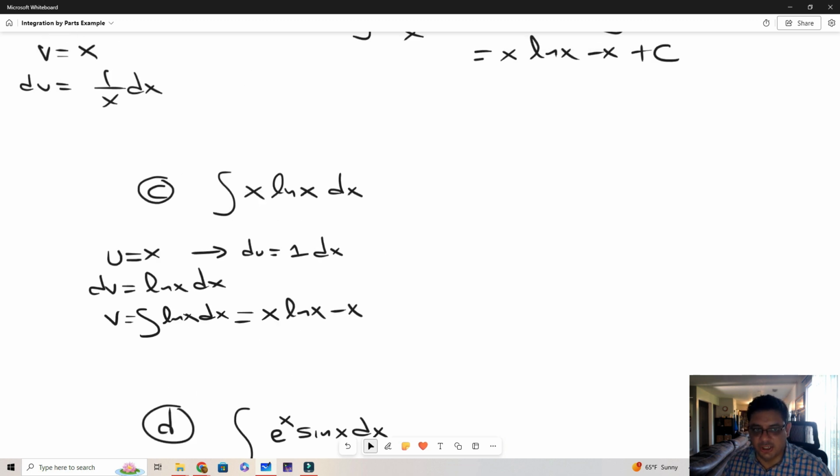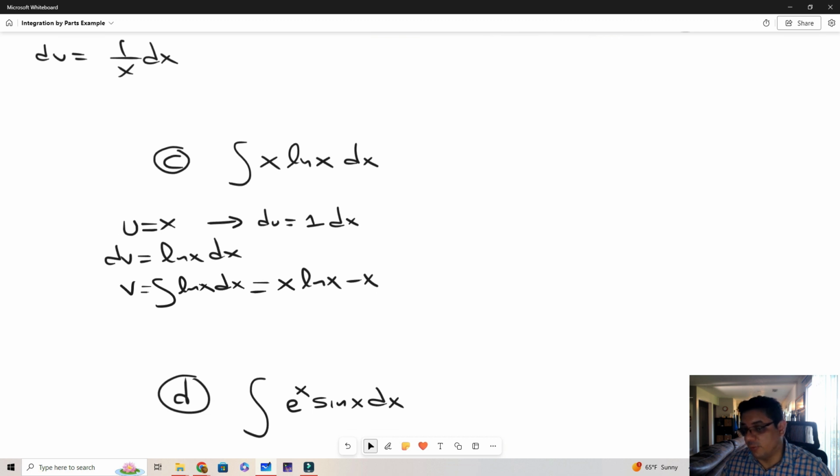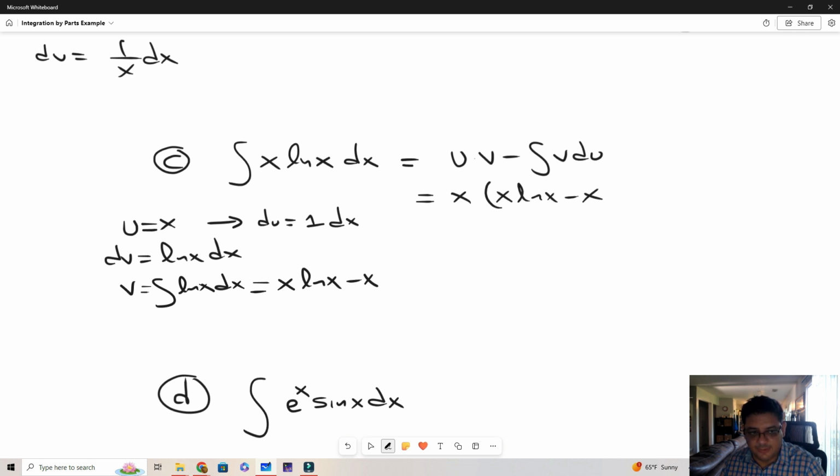So we're kind of cheating a little bit because we just saw this one here. Otherwise, this will require a double integration by parts. But anyway, using the formula we have u times v minus the integral of v du. And so u is x, and then v is going to be this x log of x minus x, and then minus the integral of v du.